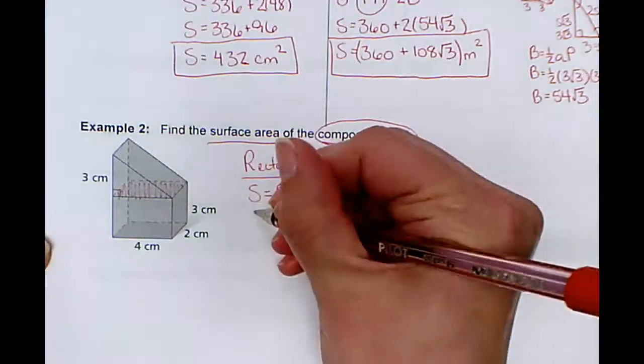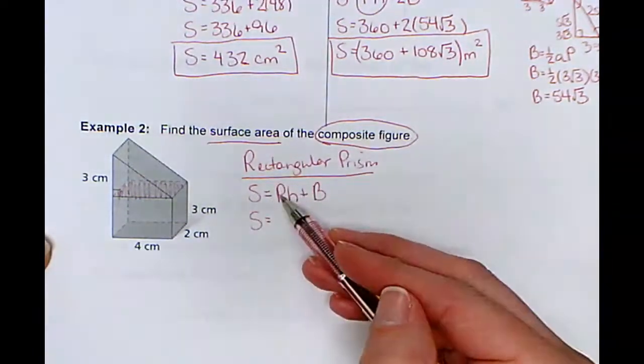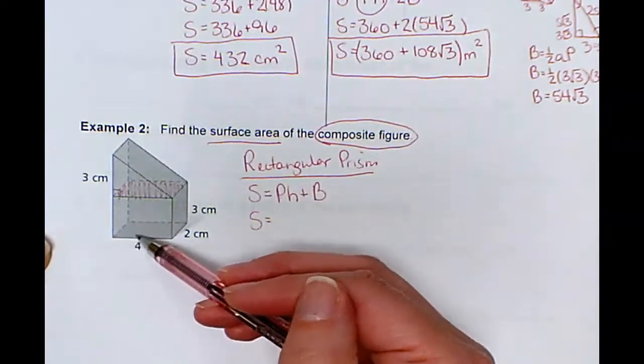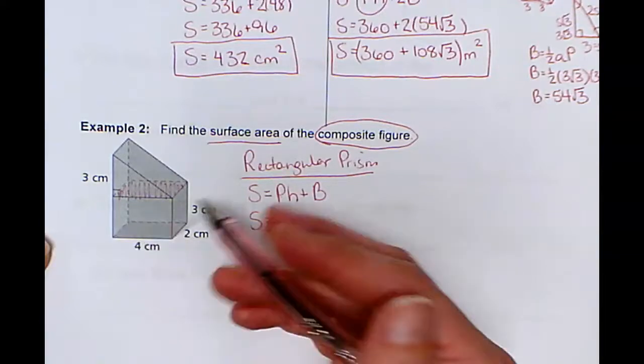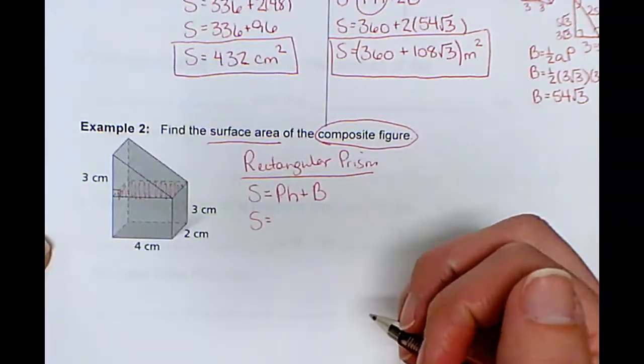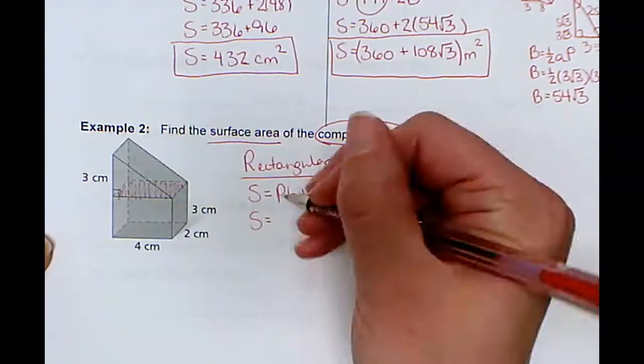So let's focus on this first. The perimeter of the base is 4 plus 4 plus 2 plus 2. So 4 plus 4 is 8, 2 plus 2 is 4, and if I add those together I get 12.